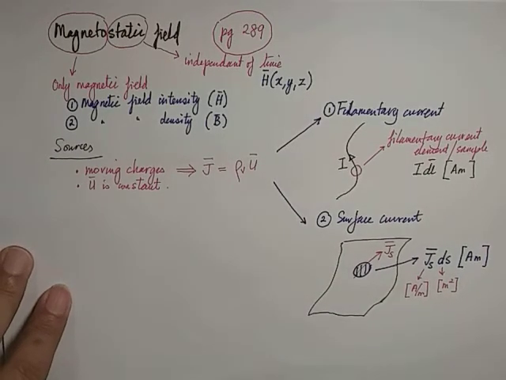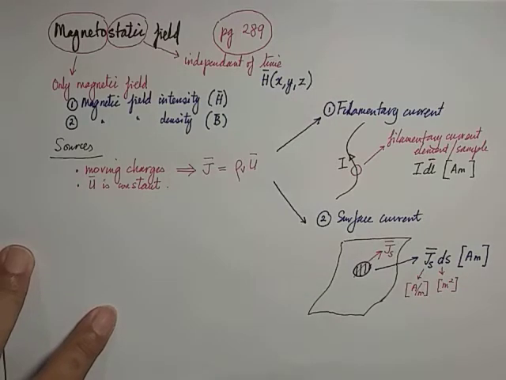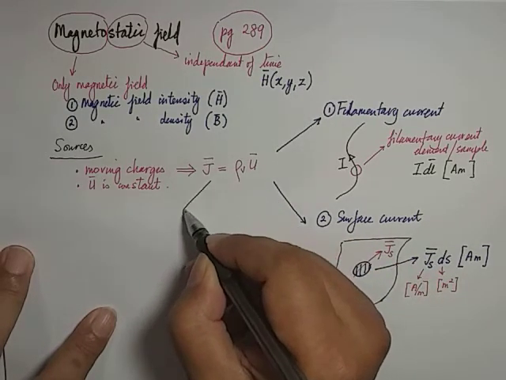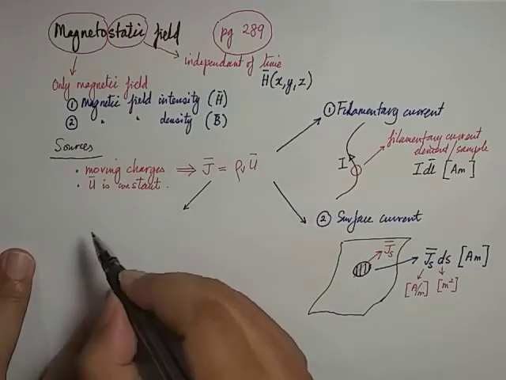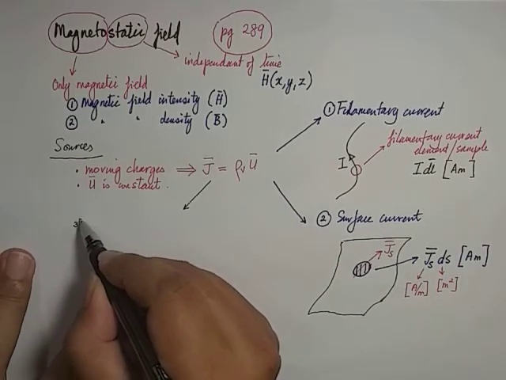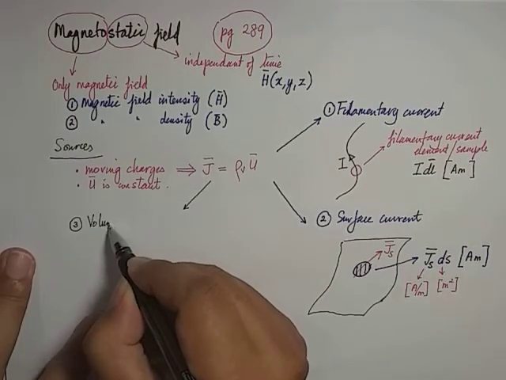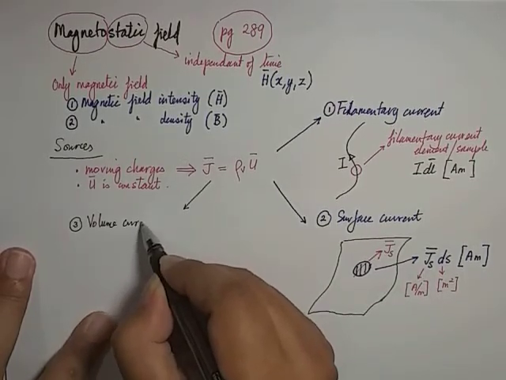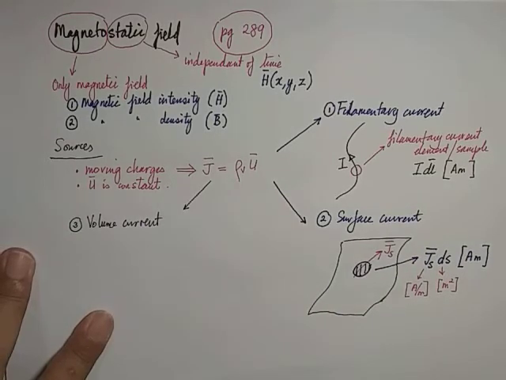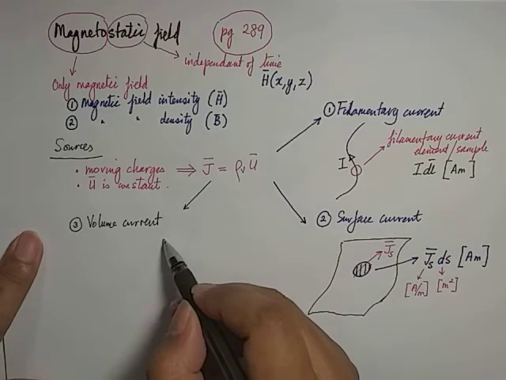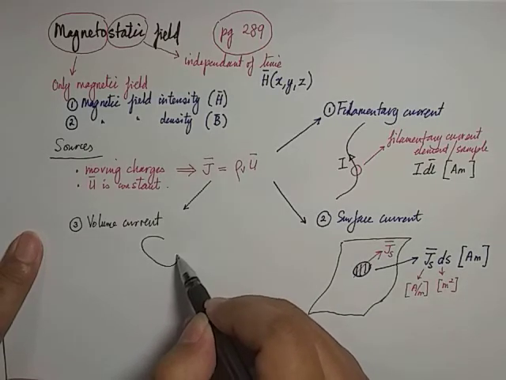Can we continue to the last sample here? Good, so I'm going to go to the third model that we're going to represent the source. You can guess now, it's going to be volume current. Let's draw our structure, usually a cylinder.